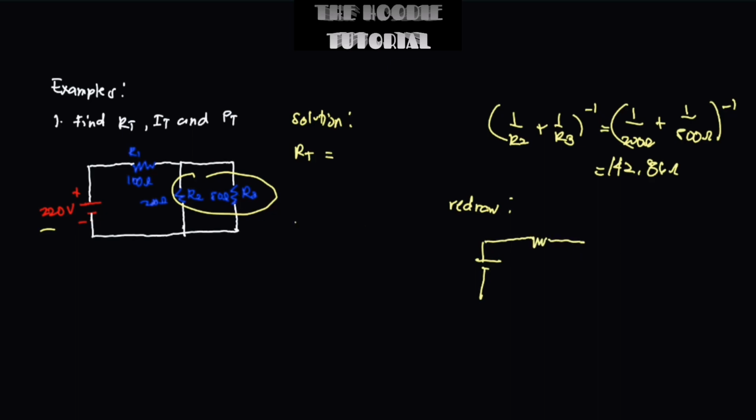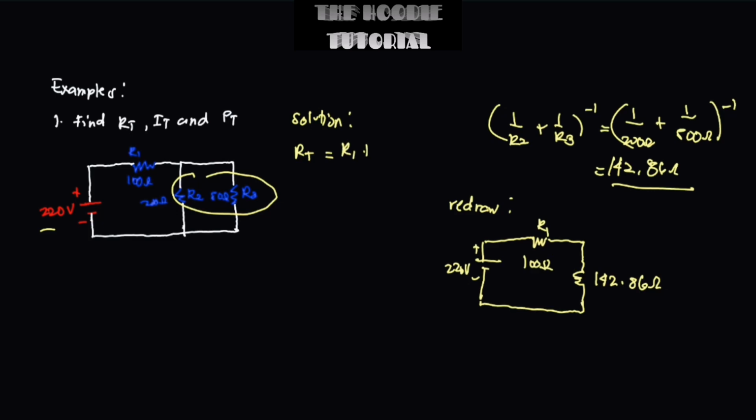Since we already simplified the two resistors, the parallel combination becomes one resistor, which is 142.86 ohms. Since we now only have two resistors connected in series, we can find RT.